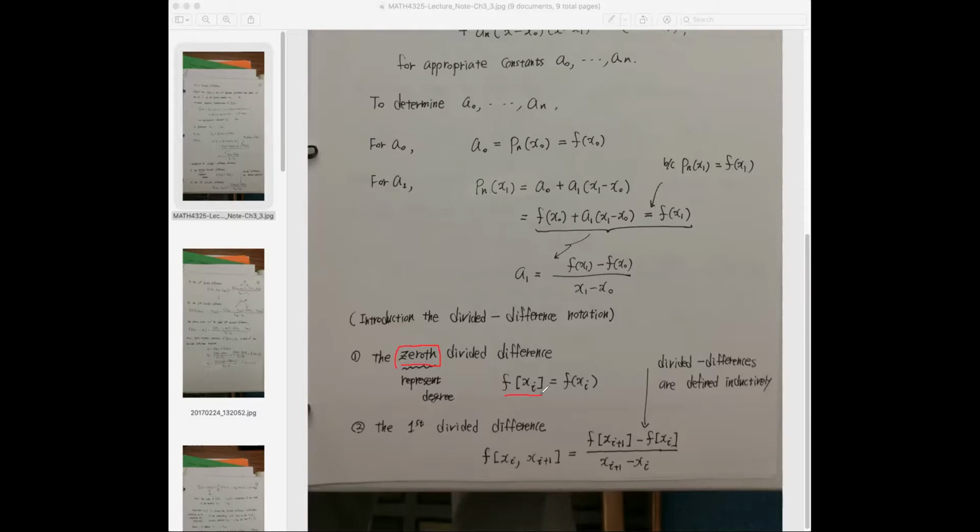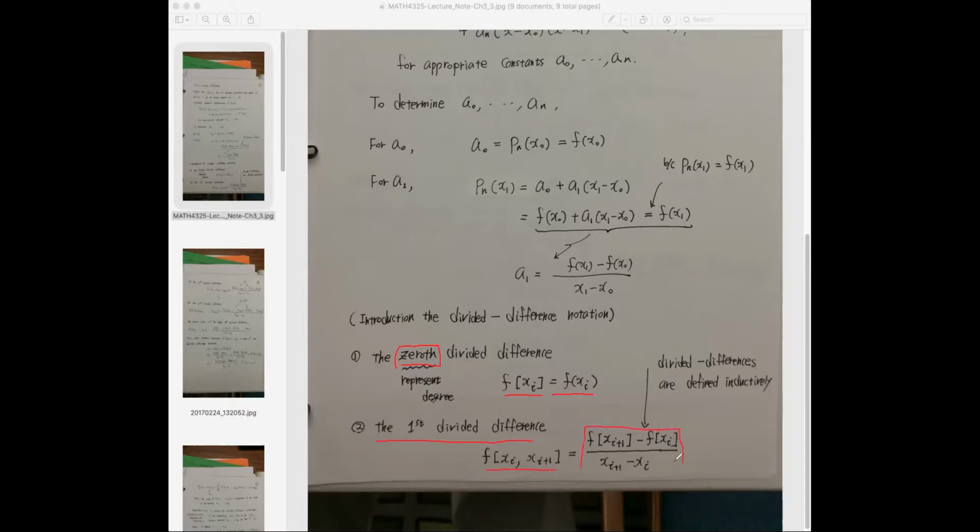That's the notation of divided difference: f bracket xi is equal to f of xi. And the first divided difference, f bracket x sub i comma x sub i plus 1, is defined like that.